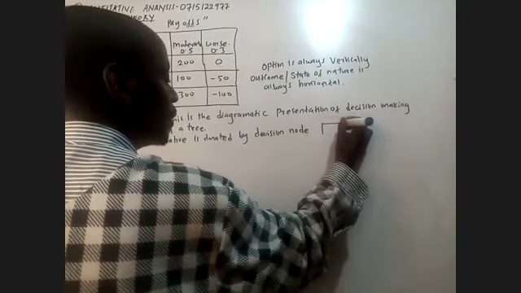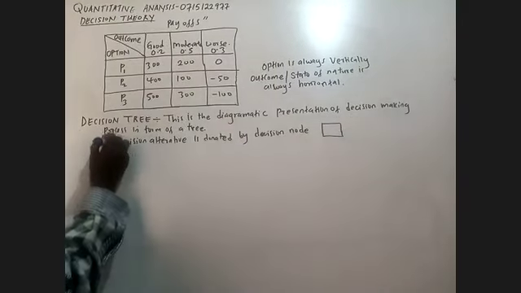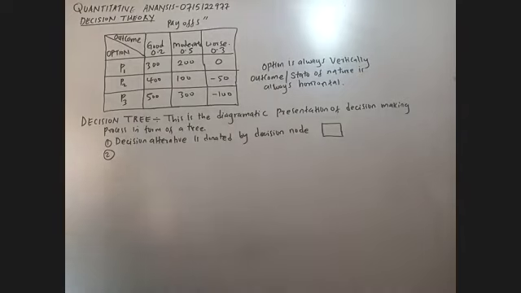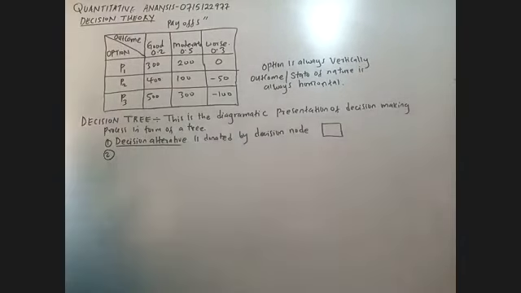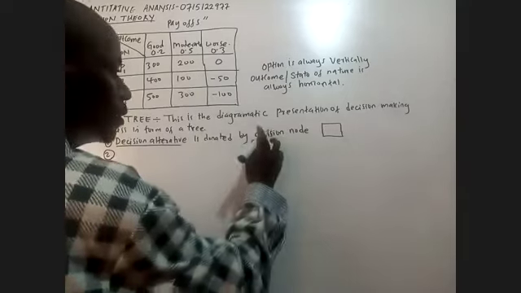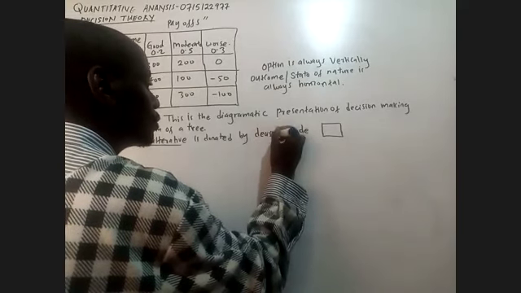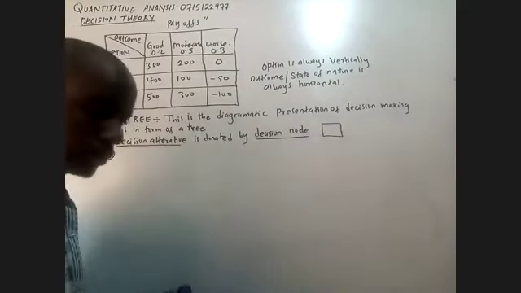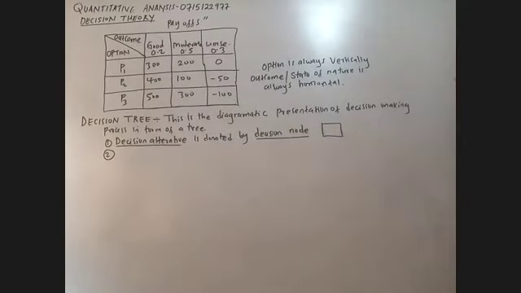You remember the alternatives are represented by a square, which is called the decision node.